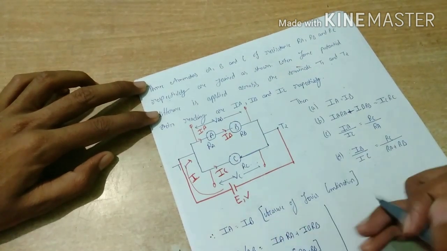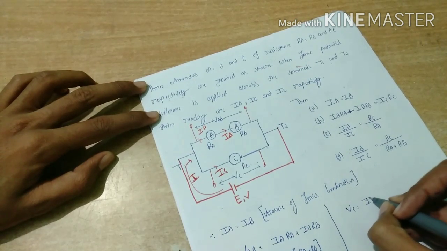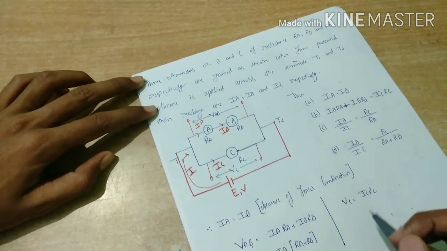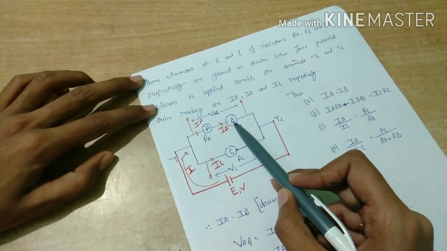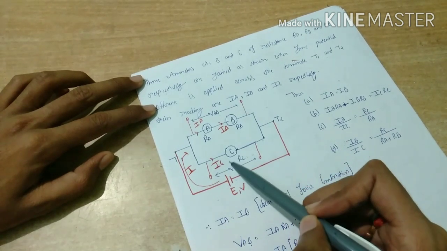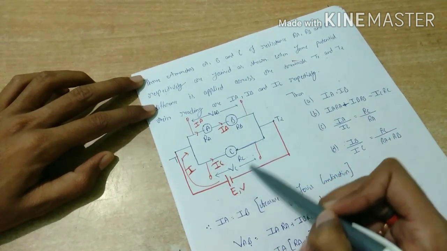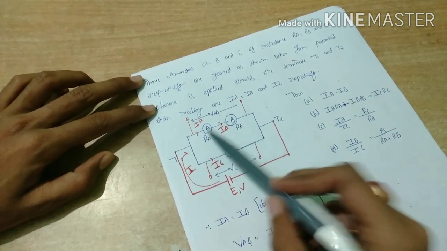Potential difference across VC is IC RC. Ammeter A and B and C are in parallel combination. That's why the potential difference across C is equal to the potential difference across AV.